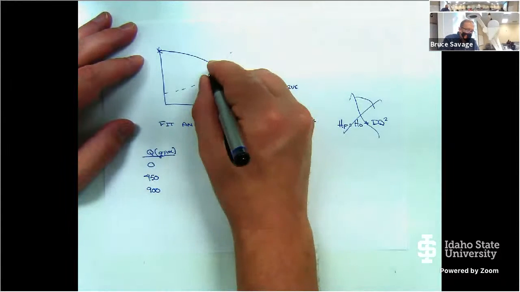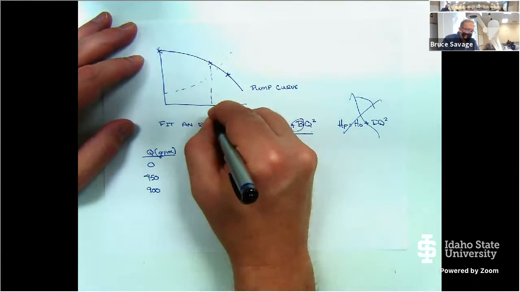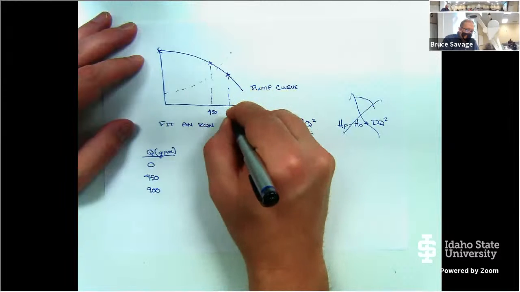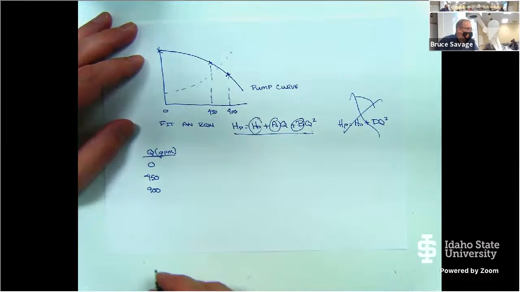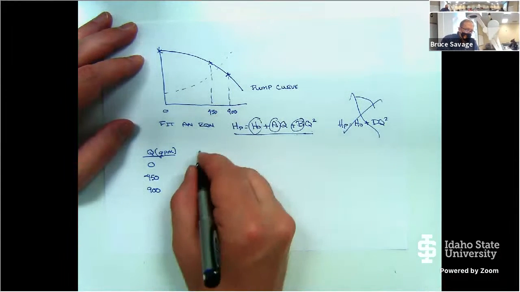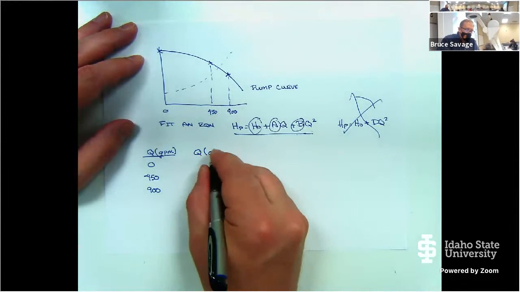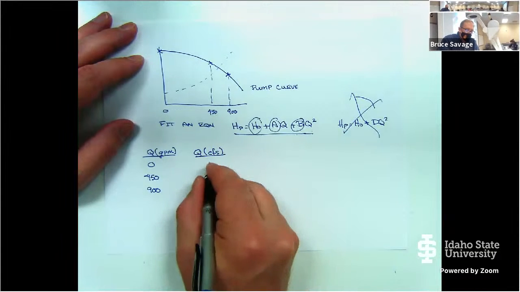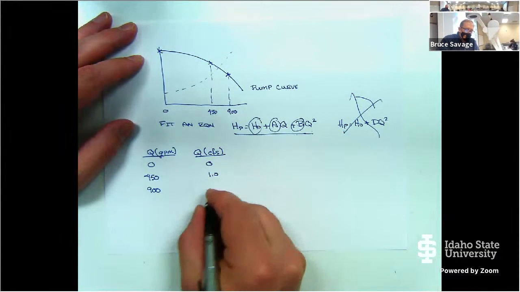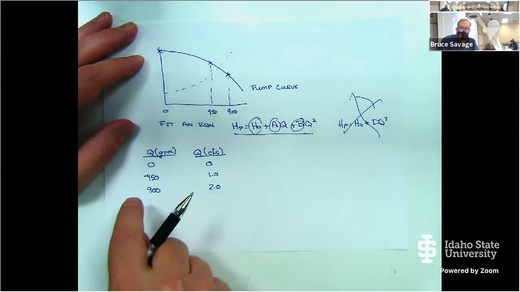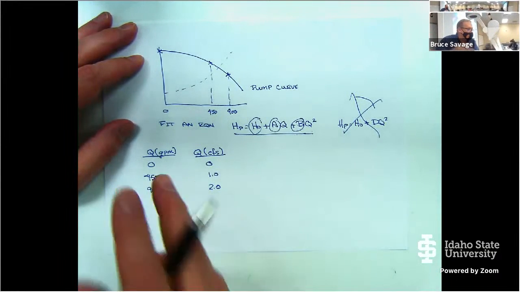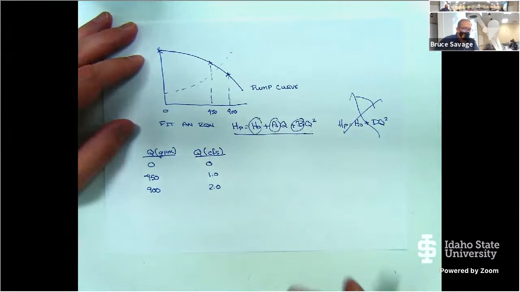I'm going to assume this value right here is 450, and this one is 900 gallons per minute, and this is 0, just because it makes the algebra easy. Then Q in cubic feet per second: this is going to be 0, this is going to be 1, this is going to be 2, essentially, as long as I don't get too far out into the decimals, because 448.5 gallons per minute equals 1 cubic foot per second.